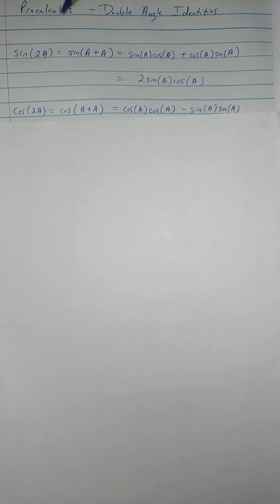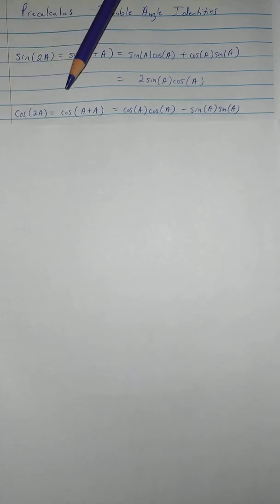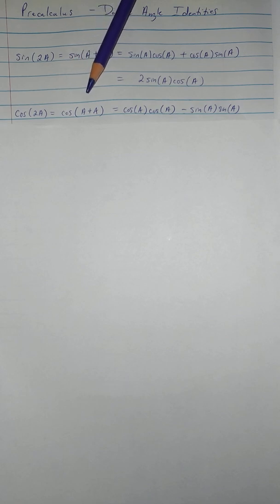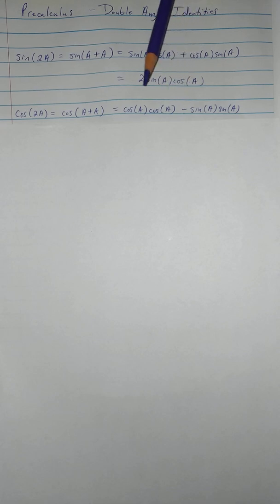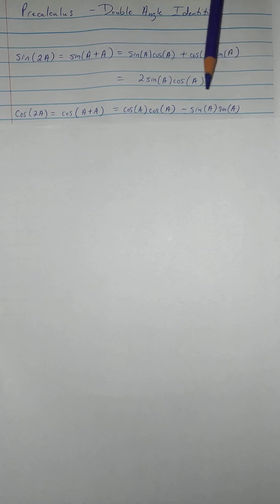Now to do the double angle for cosine, we're going to start the same way. Cosine of 2a is equal to cosine of a plus a. And cosine goes cosine, cosine, sine, sine. Cosine changes the sign though, so since we have addition here, when we come out, it's subtraction. So we have cosine a cosine a minus sine a sine a.